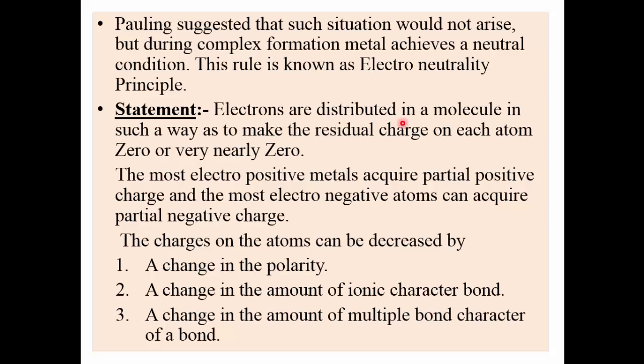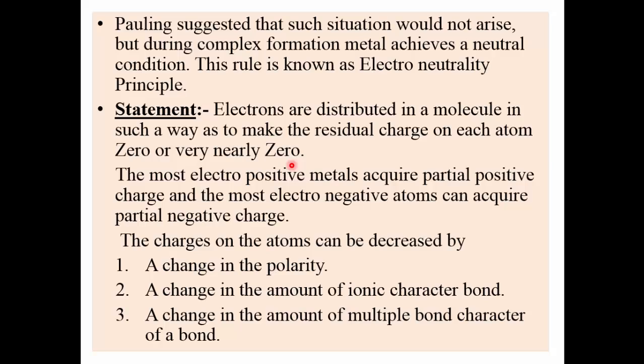Electrons are distributed in a molecule in such a way as to make the residual charge on each atom 0 or very nearly 0. So this unstable situation does not arise in the complex.